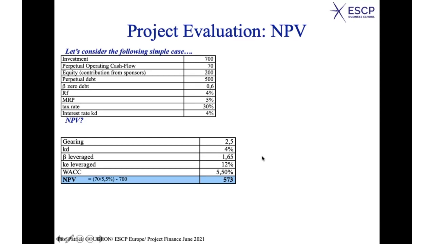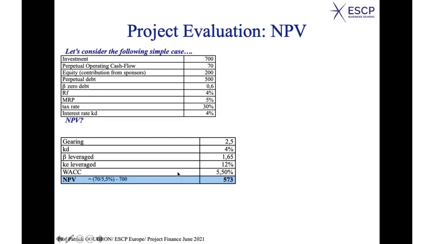So if you use this beta with a market risk premium of 5, you would find a cost of equity based on the leverage beta, which will be 12%. So if you have 12% for the cost of equity, and you have this proportion of equity, and a cost of 4% for the debt with this proportion of debt, then you would find a WACC of 5.50.